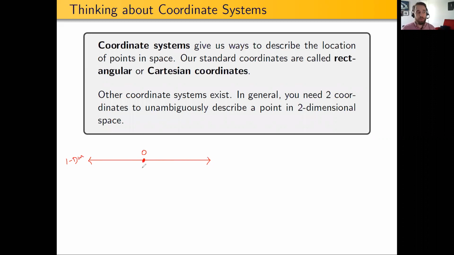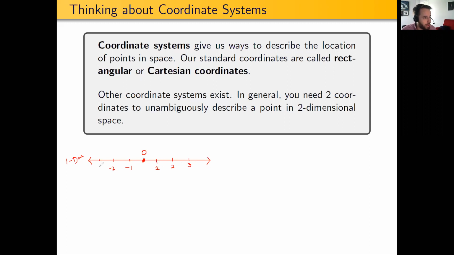And then every point on the real number line is described by discussing how far away it is from the origin and whether it is to the right or to the left of the origin. So making explicit something that you understand at a very intuitive level. I can mark off different points on this number line.